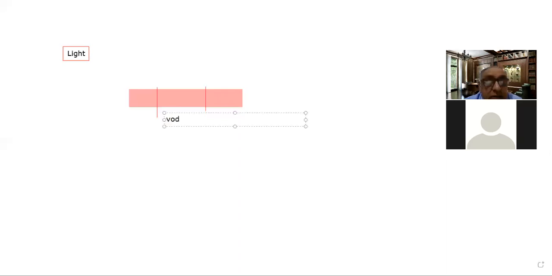One of the sections in this is this. Visible light, right? And the second section of this electromagnetic spectrum is the UV light, ultraviolet light, right?